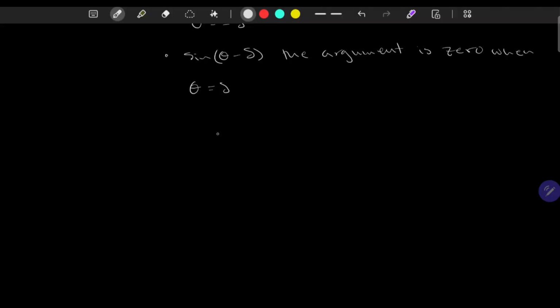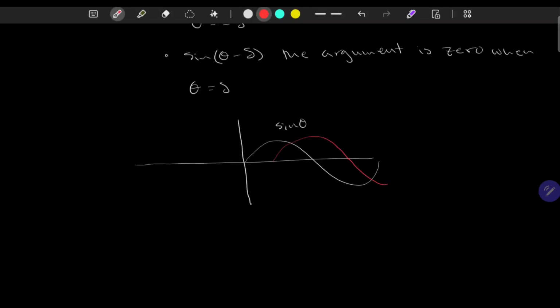Let me try to draw these. We would have something like this. This is the sine function. This is the sine of theta minus delta. And this is the sine of theta plus delta.